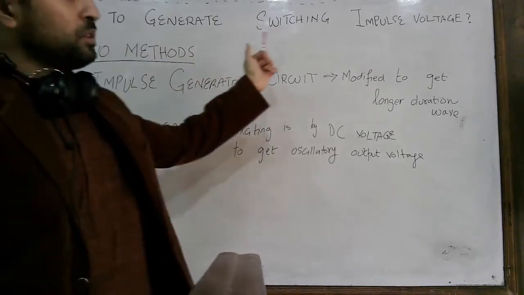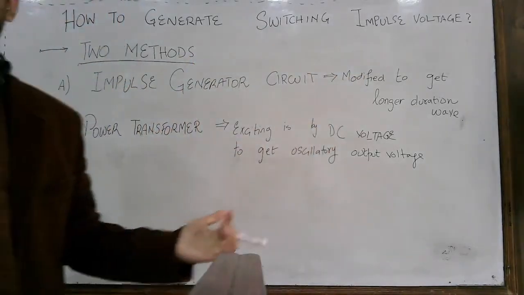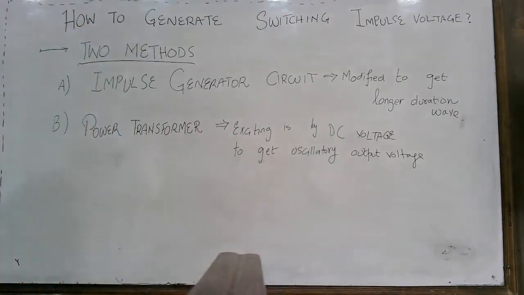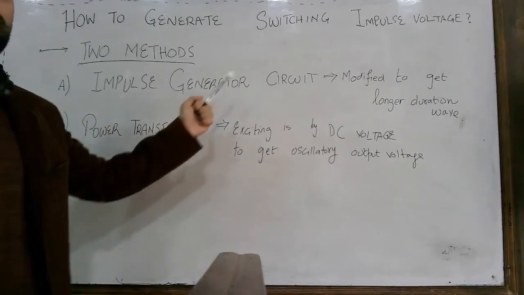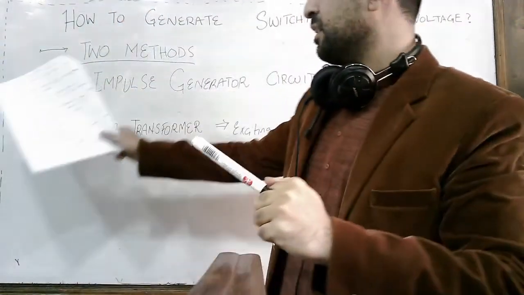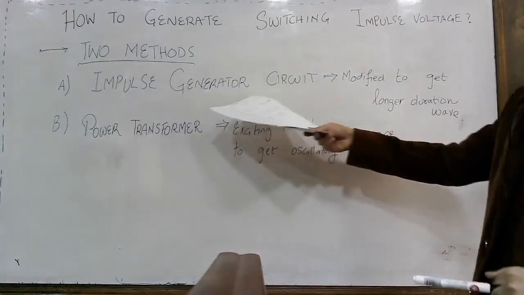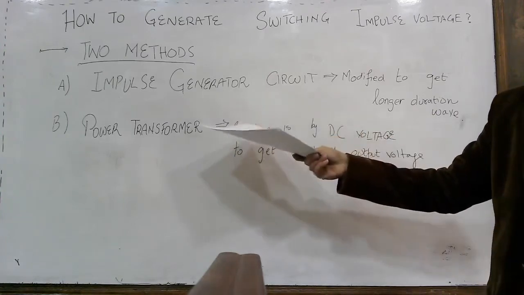So, how do we generate switching impulse voltage? Remember, we are studying the high voltage engineering class. We have two methods for the generation of switching impulse voltage. The first method is the impulse generator circuit, which is the circuit we are going to study.